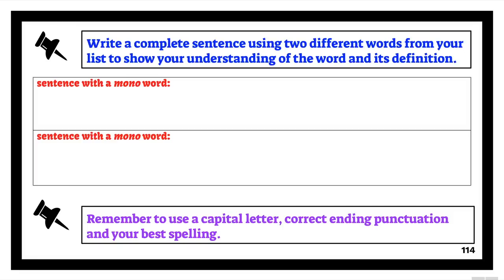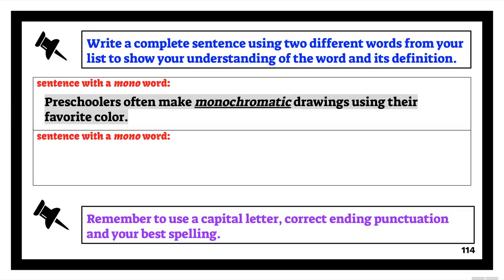Next up, write 2 sentences that show, rather than tell, what the definition of each word means. Here's my first example. Preschoolers often make monochromatic drawings using their favorite color. Notice how that shows what the word monochromatic means rather than just tells.